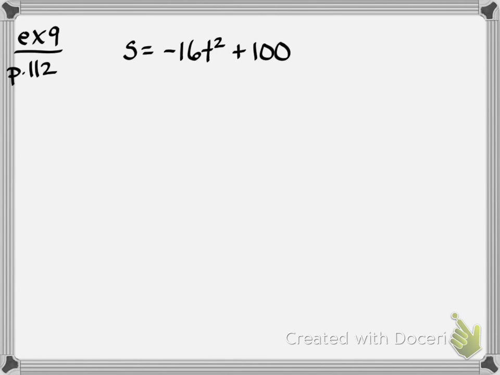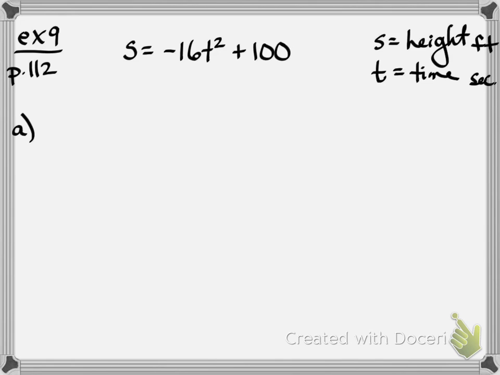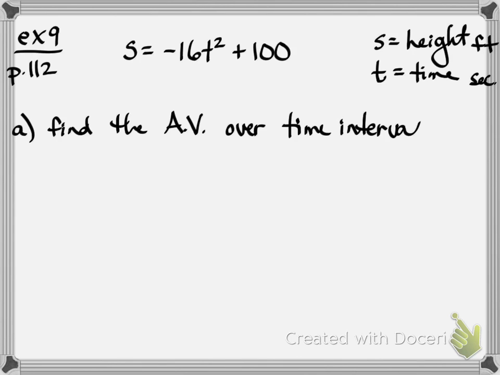The ball's height, s, at time t, is given by this function, where s is measured in feet and time is measured in seconds. Find the average velocity over each of the following time intervals. So A was find the average velocity over the time interval 1 to 2.